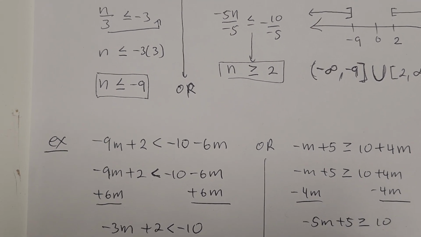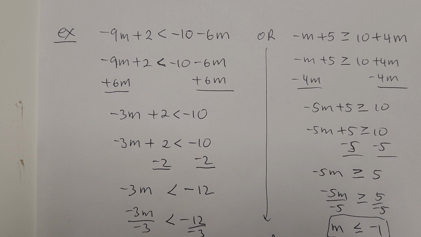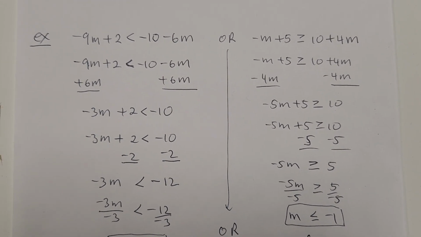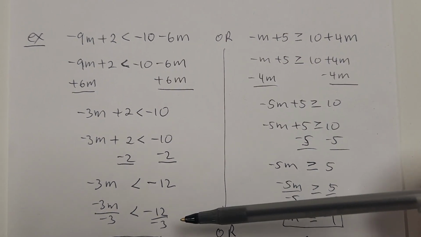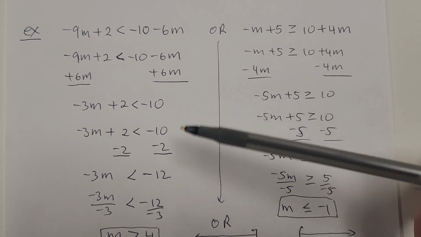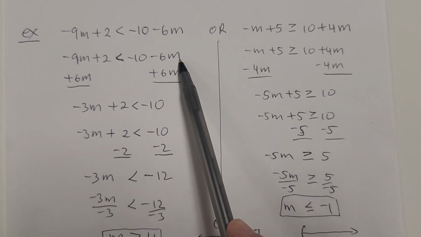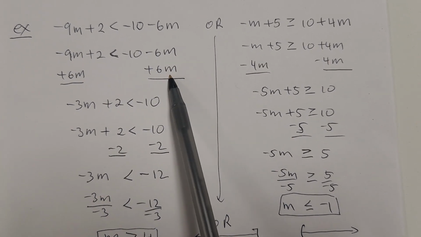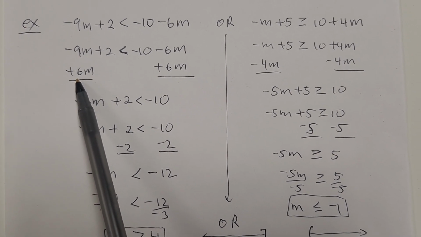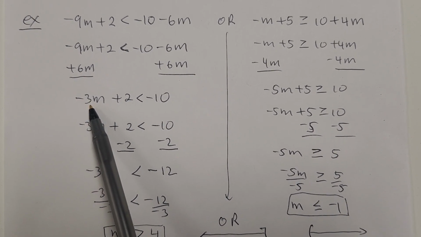Now the next example is very similar but has a lot more steps to it. It's the same thing, we are solving for it, but just more steps. So the first thing we need to do is bring this negative 6 over here, so I would add 6. Negative 9 plus 6m gives me negative 3m.